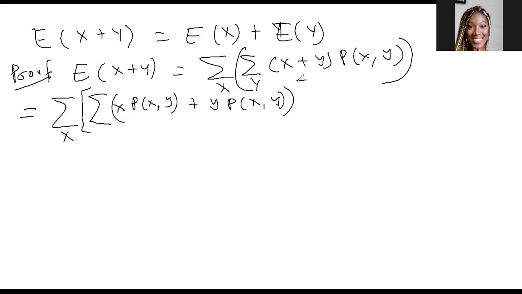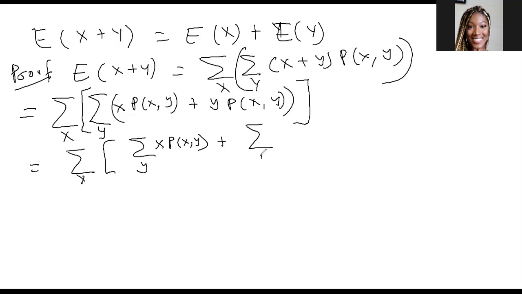Let me put a big bracket here. And we can write this as the sum over X, let's be careful about this, the sum over Y of X times P of X, Y, plus the sum over Y of Y times P of X, Y.